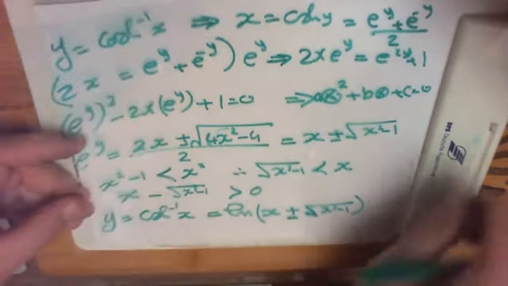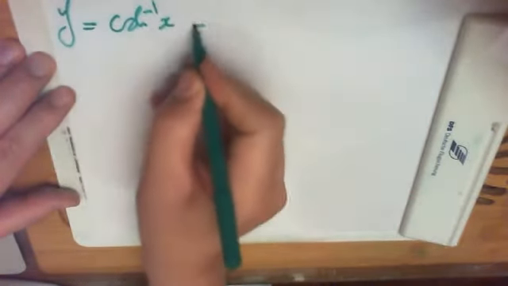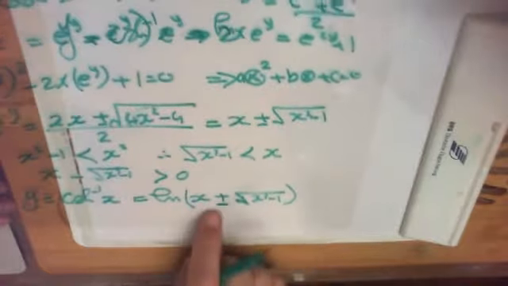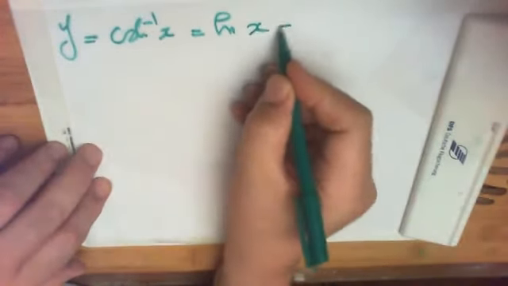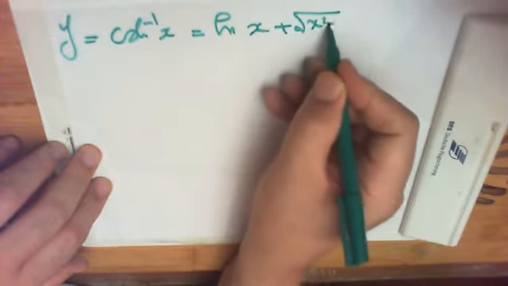So we have already obtained that y equals cosh minus 1 x equals ln of x plus root x squared minus 1.